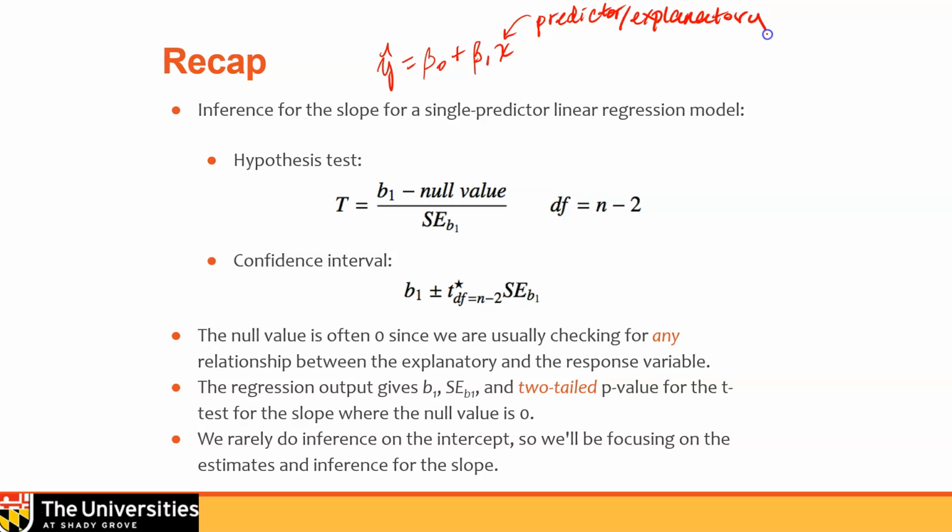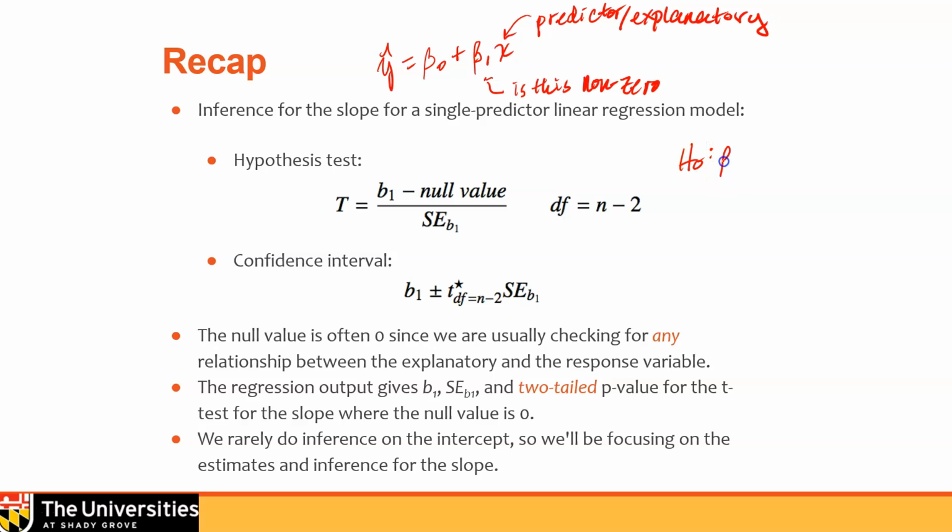And really we're interested in whether the slope is non-zero. That's what we're interested in for our inference. So for the hypothesis test, we do the same sort of hypothesis test that we had before. You're going to get a printout with a t-value and a p-value, and you're going to say, do I reject?